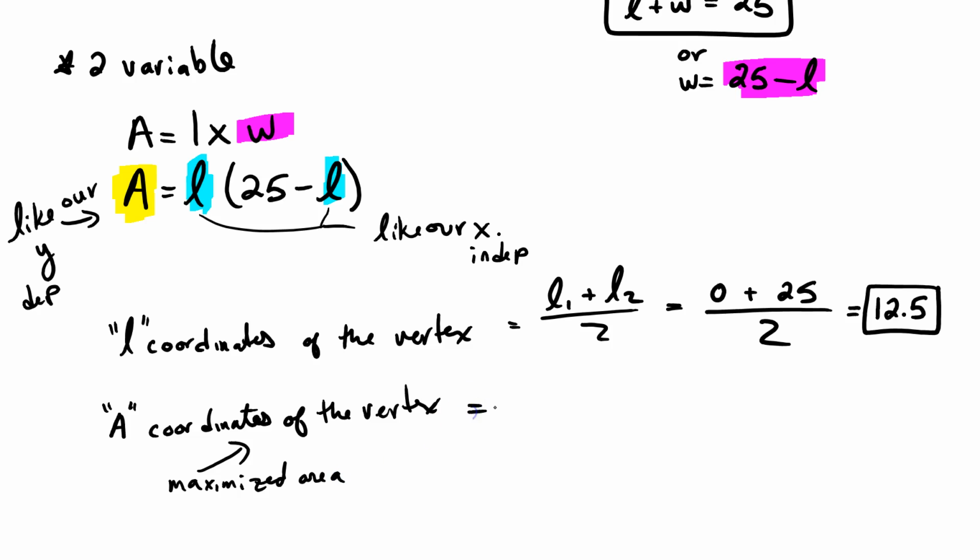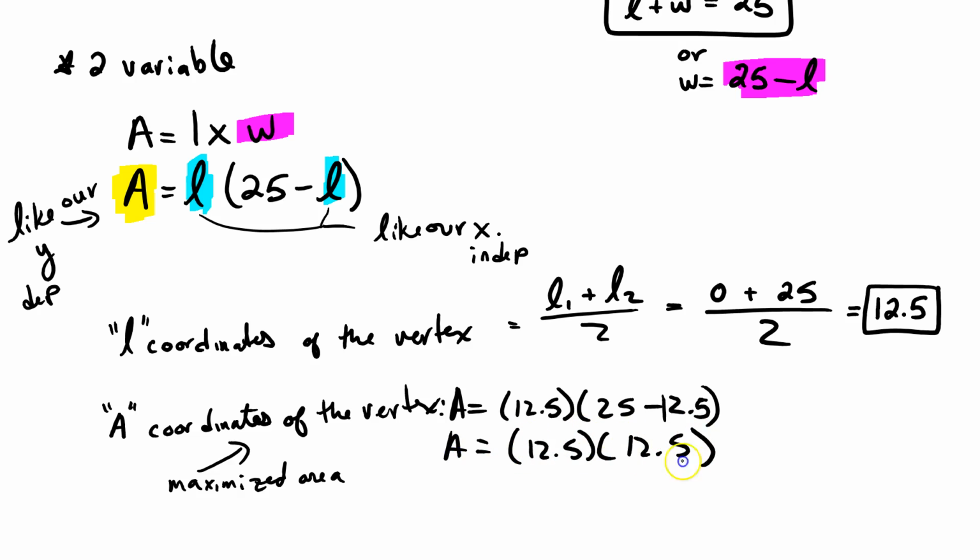That is, we're going to find A when L is 12.5. So we're going to say 12.5 times 25 minus 12.5, which is 12.5 times 12.5.